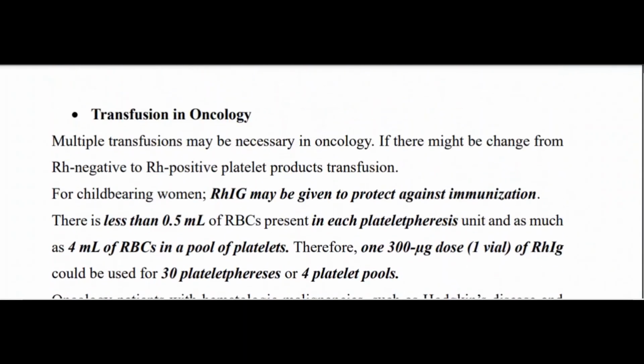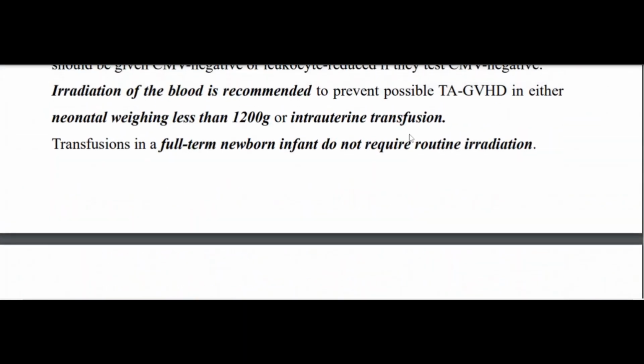For a newborn with more than 1.2 kilograms of body weight, we don't need to irradiate that unit. But for any premature infant less than 1.2 kilograms, we always have to do routine irradiation, whichever the unit is, not considering whether it is a blood relative unit.